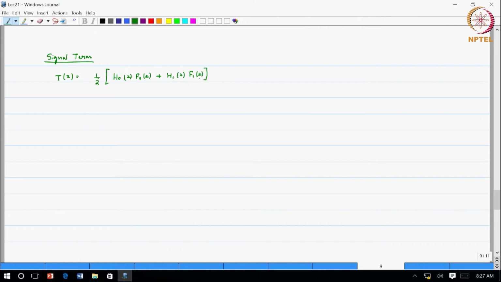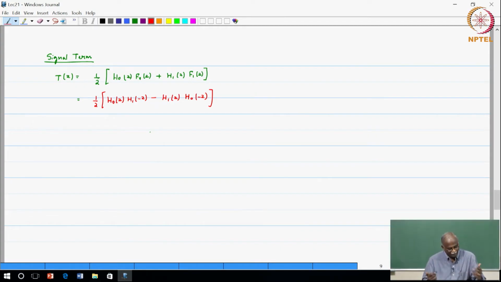Now, if you substitute the expressions, then this comes out to be 1/2 of h naught of z h1 of minus z minus h1 of z h naught of minus z. Okay. Some very interesting symmetries are emerging, something for you to think about, and particularly all the concepts from signal processing, basic DSP, now come into play.